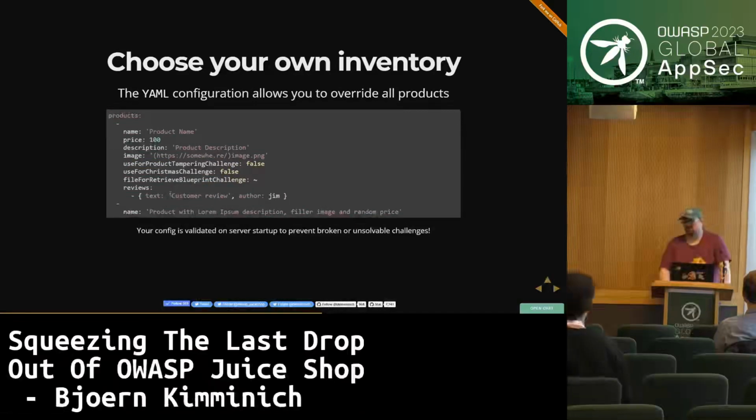So it will tell you, for example, I need exactly one product that is marked for the product tampering challenge, because that will then be mentioned in the scoreboard, where you then have to go and actually do some exercise. It will also tell you if you don't put any reviews into your products; it needs, I think, 3 different reviews.